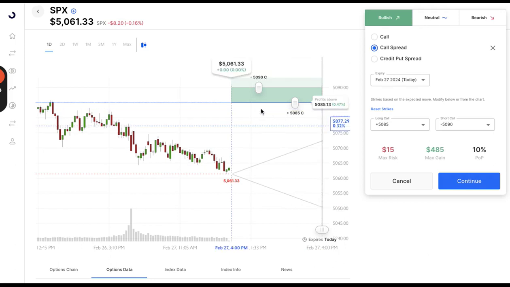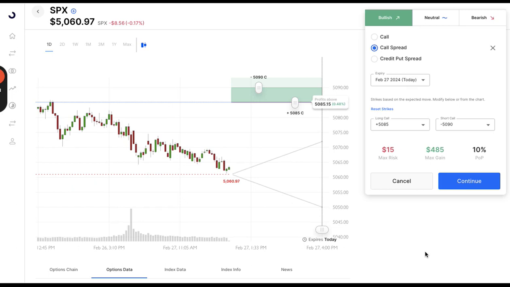Now, there's a caveat to this. If the SPX were to go up above your credit call spread, and let's say we finish above 5,100, remember our credit call spread stops at 5,100. Let's say SPX closed the day at 5,105. We would have max gain on our debit call spread, and we would have max loss on our credit call spread, right?